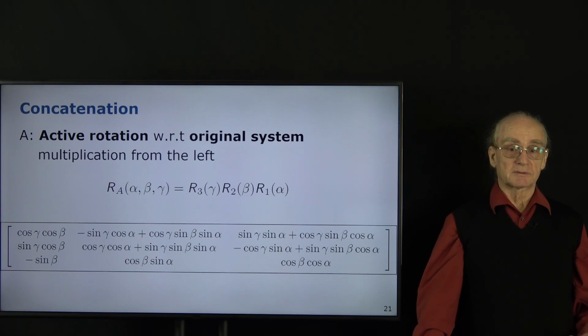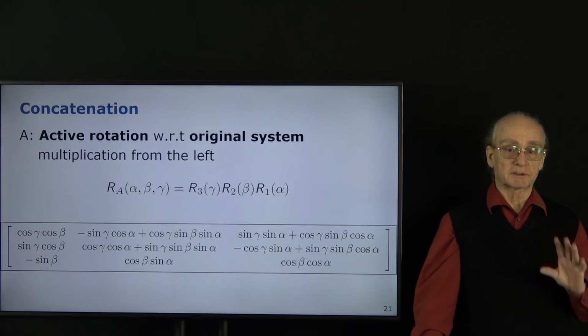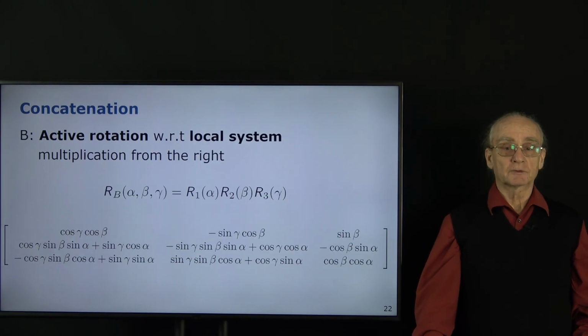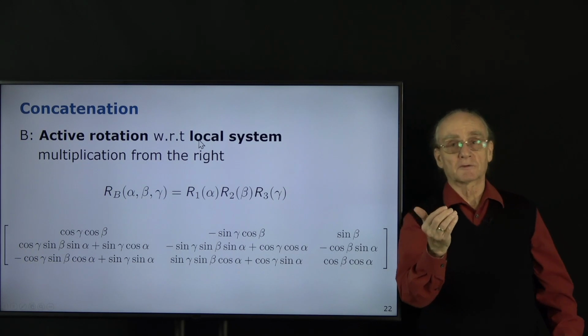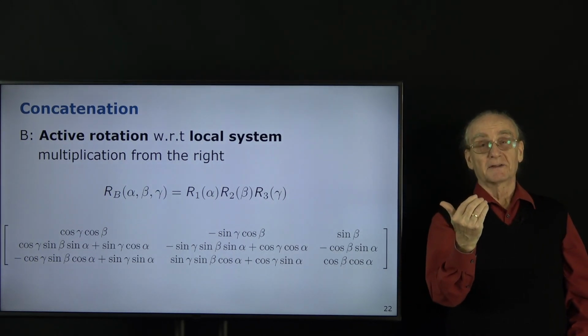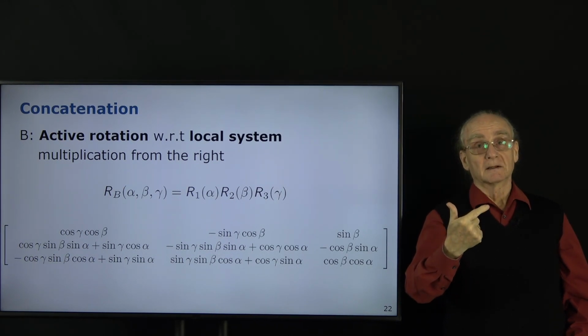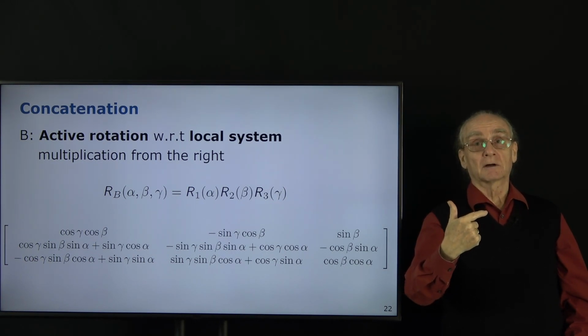We will use this information about this basic structure later. Now let's assume we have an active rotation in the local system. That means we first rotate around the first axis, then the second axis is already rotated, then we rotate about this local y-axis, then also the z-axis is moved again, and then we rotate around this z-axis.